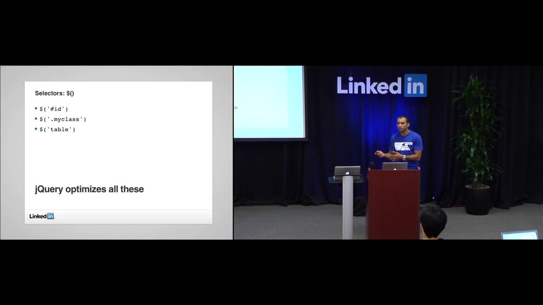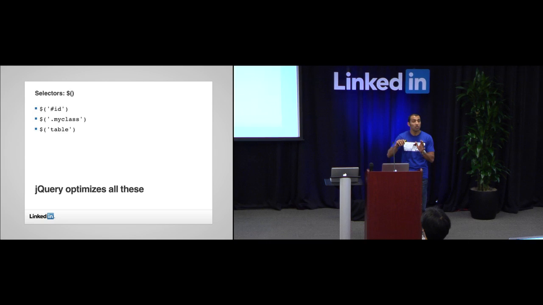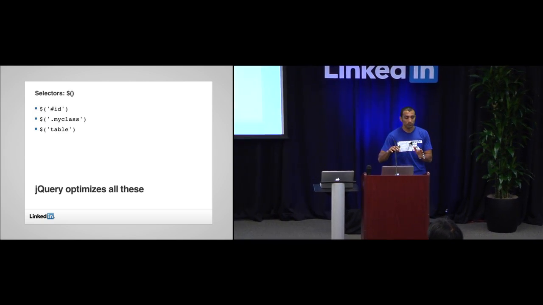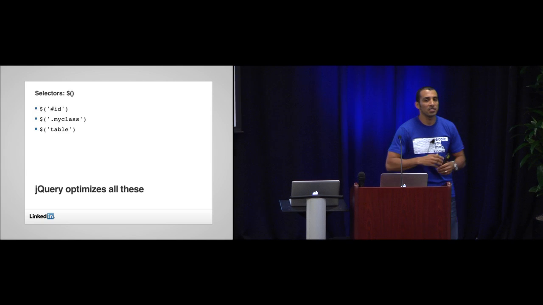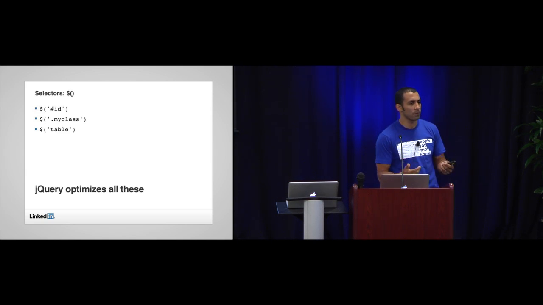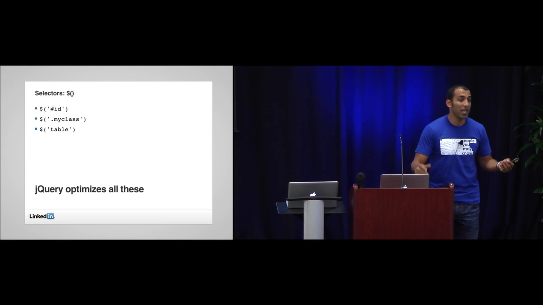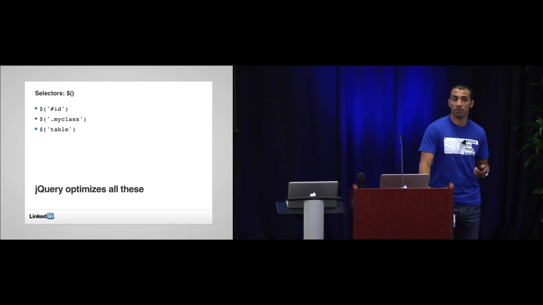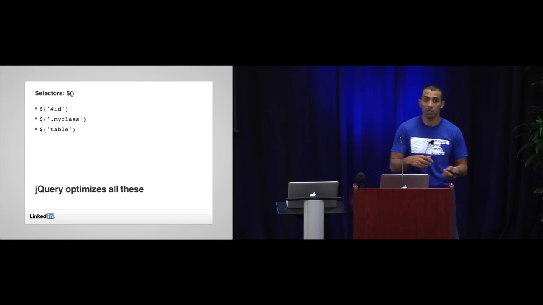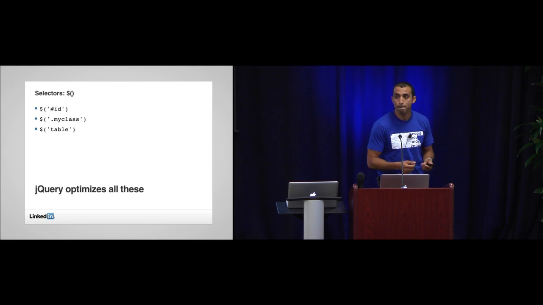So that is one of the reasons for jQuery's existence. For example, things like get elements by class name or get elements by tag name, all these that I can actually do in JavaScript, are optimized by jQuery. For example, some browsers like the V8 engine support query selector all. Are you guys familiar with document.querySelectorAll or document.querySelector? No?